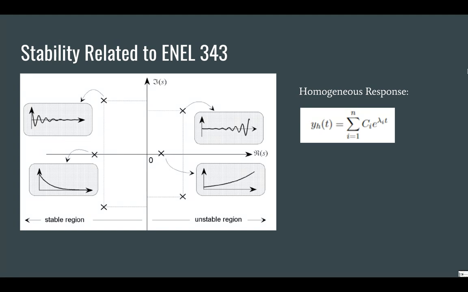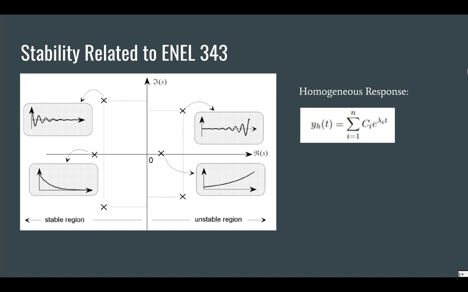A pole that is negative, in the left half of the S-plane, defines an exponentially decaying component in the homogeneous response. A pole in the right half plane corresponds to an exponentially increasing component, causing the output to increase without bound, therefore the system is unstable.